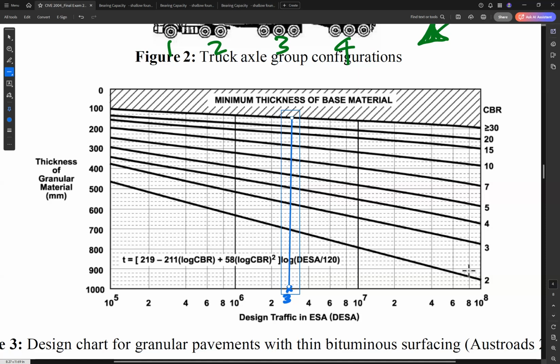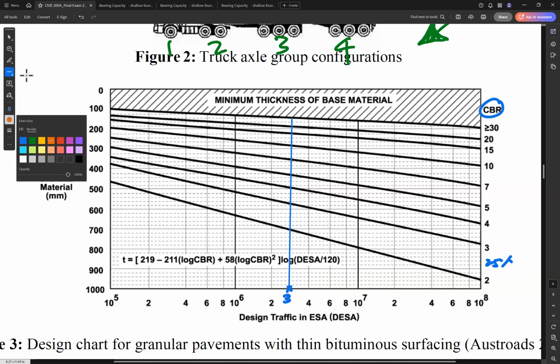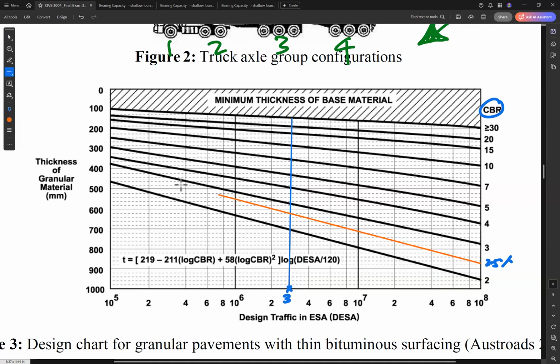Okay, so this is the first thing. Where is 2.5? 2.5 is somewhere here. This is the CBR, as you can see. So 2.5% is here, for example. So we have, where are our 2 points now?